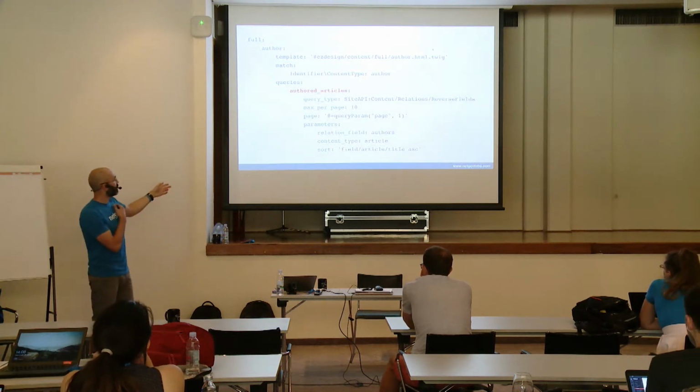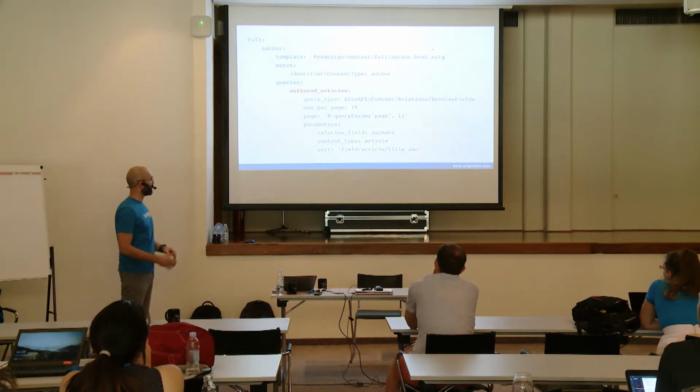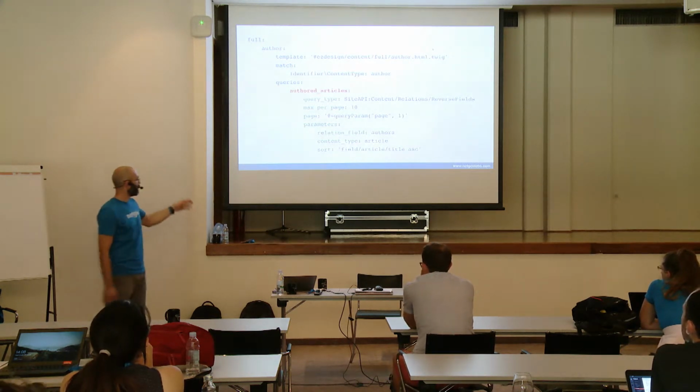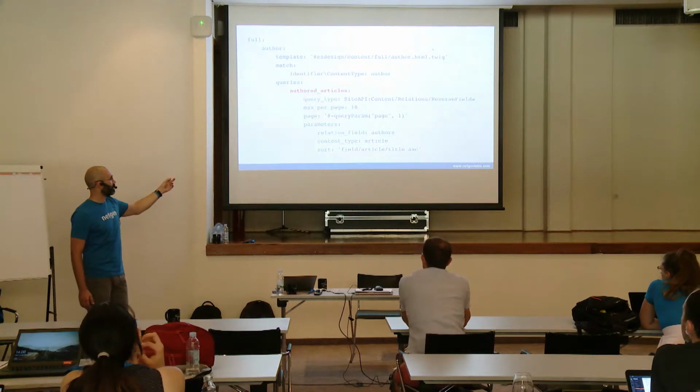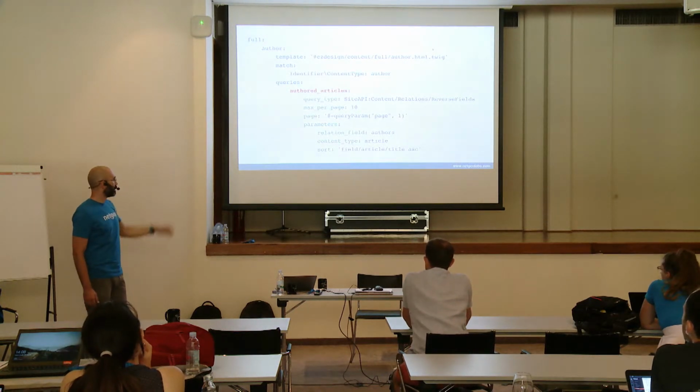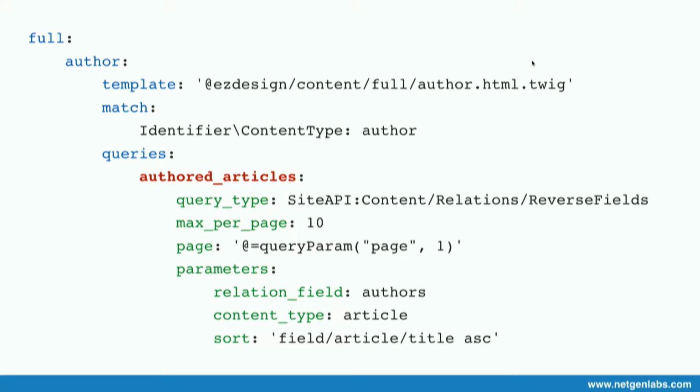And then finally, there is an array of parameters for the query type. You define the relation field, which is authors. You define the type of the content, which is article, and you define sort. So I think this is quite easy to read, right? I could show you this, and you could look at it for a minute or two, and you will understand what this is about. It's quite straightforward.